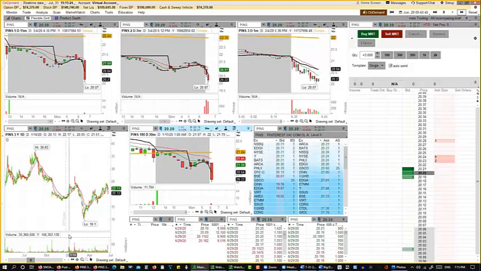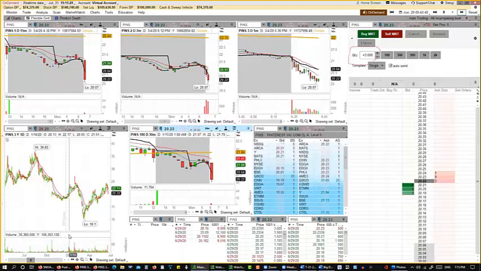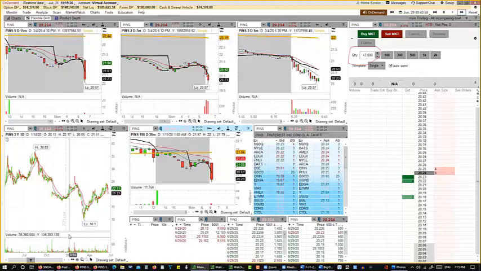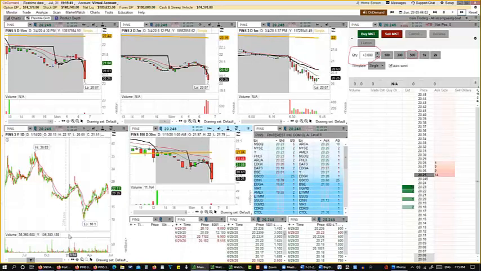The only reason you would want 3,000 there is if you're actually a 10,000 share buyer. If you're a 3,000 share buyer, I want to see you clicking 500 out of 10, so I want to see that quantity at 500 instead of 3,000.